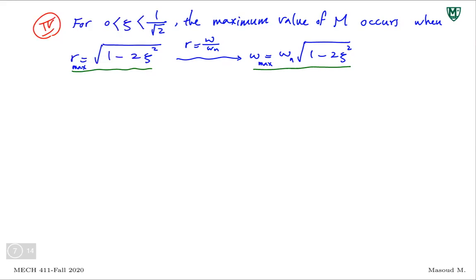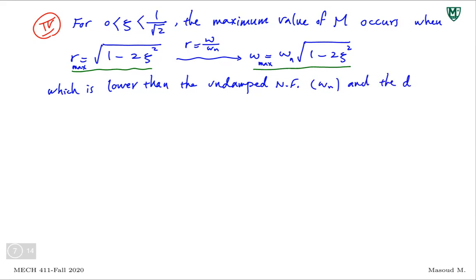This occurs when omega is this, which is lower than the undamped natural frequency, or just natural frequency, in parentheses omega n, and the damped natural frequency, which is omega d.